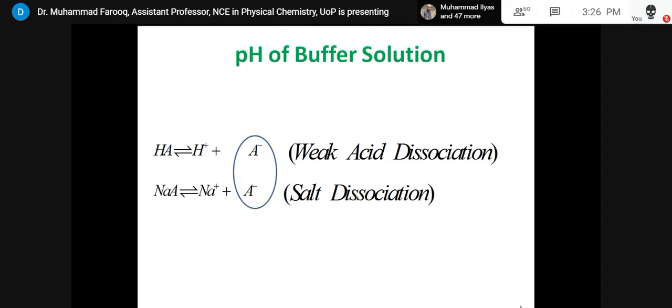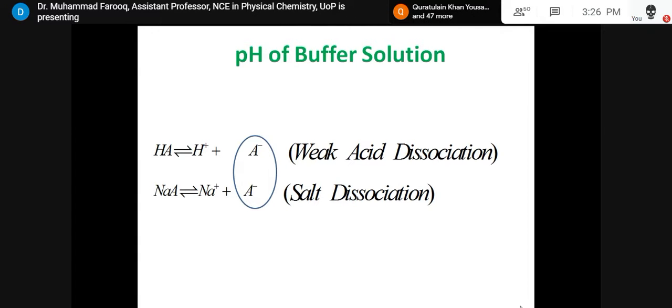A negative and H positive will react and produce HA. When the salt dissociates, it also produces A negative, so the concentration of A negative increases. As a result, the reaction flows in the backward direction and the weak acid HA is reproduced. Okay, clear?